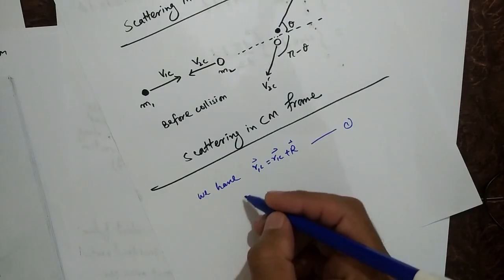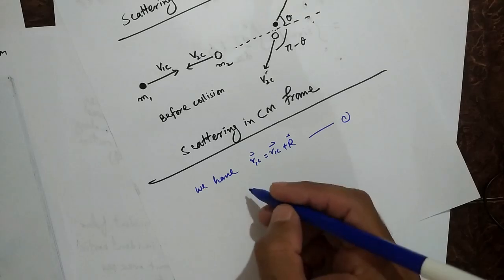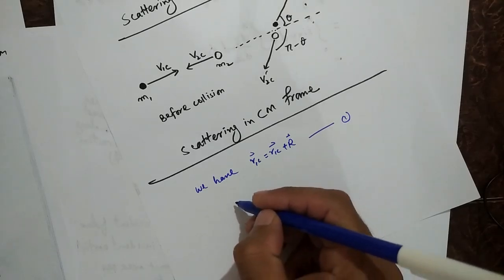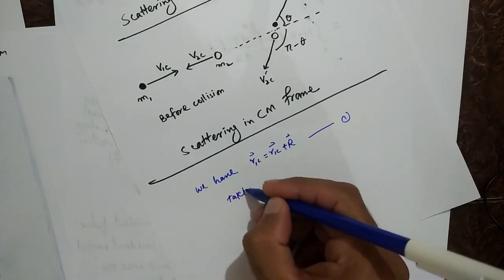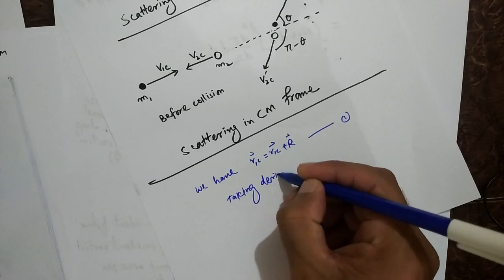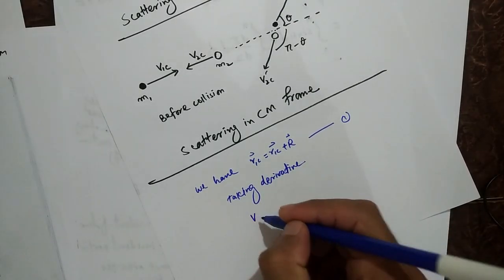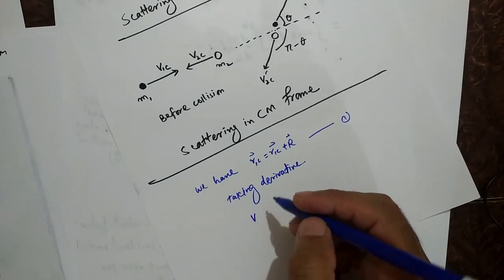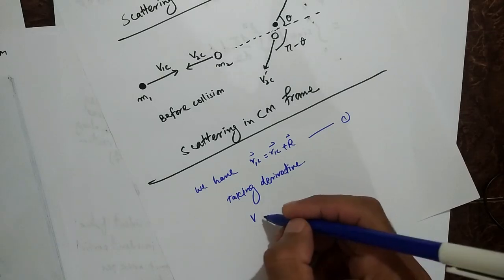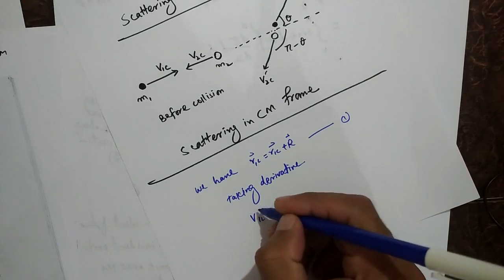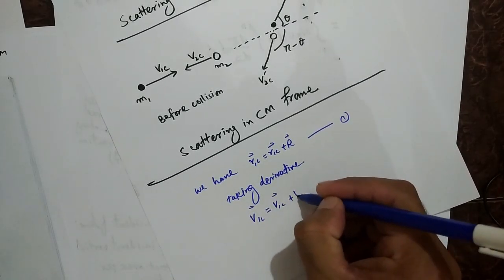Taking the time derivative of this equation will lead us to the velocities. This will be V1L, which is equal to V1C plus VCM.